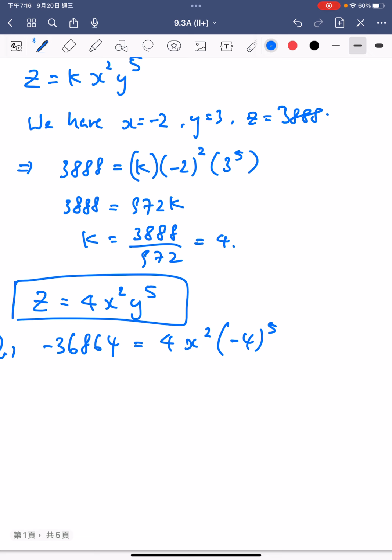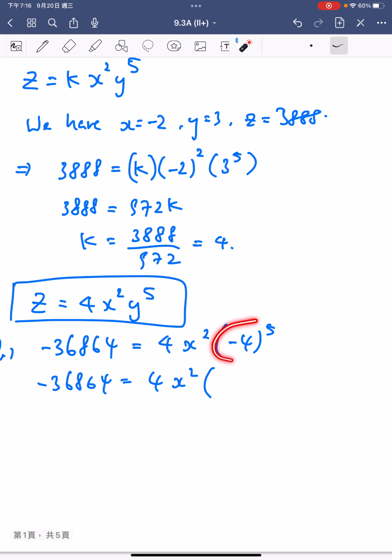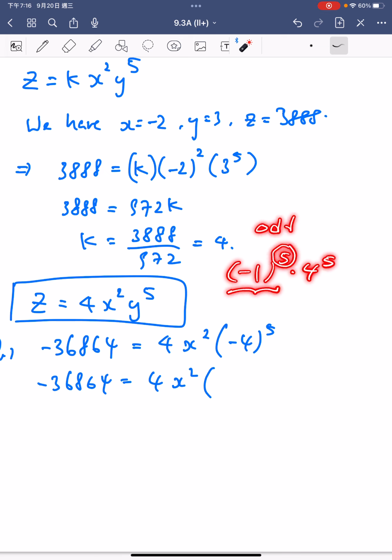So in this question, we can say that -36,864 is equal to 4x squared times (-4) to the power of 5. Which means it's (-1) to the power of 5 times 4 to the power of 5. If you have an odd power, it will finally give you a negative number, so we just need to calculate 4 to the power of 5.